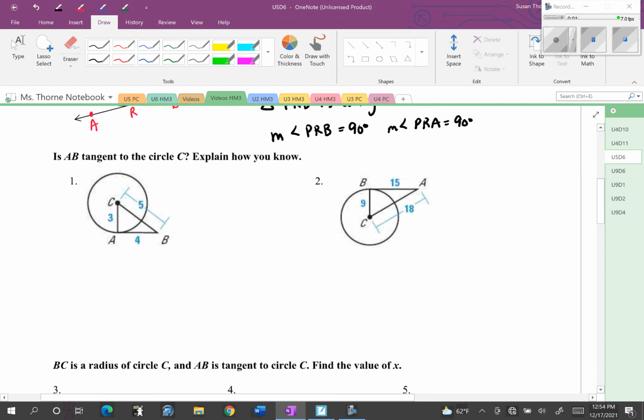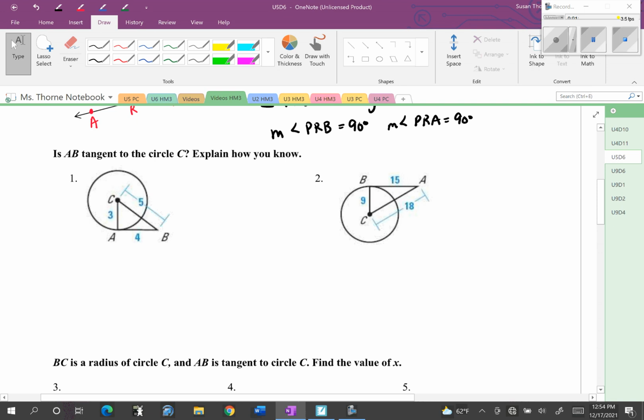So for these examples, it says, is AB tangent to the circle C? Explain how you know. So we know that, again, the radius should be perpendicular to the point of tangency. So that would make a right triangle. So the way that we can explain how we know whether or not this is tangent line AB is to use the Pythagorean theorem.